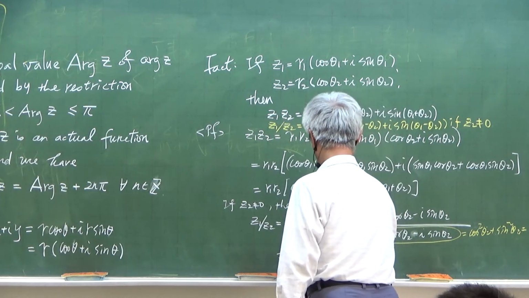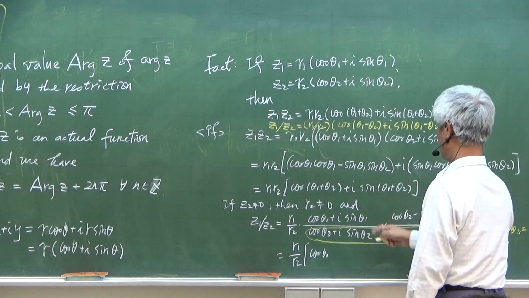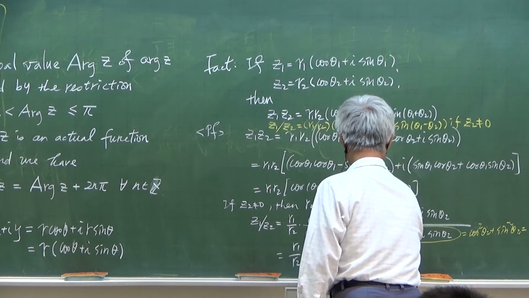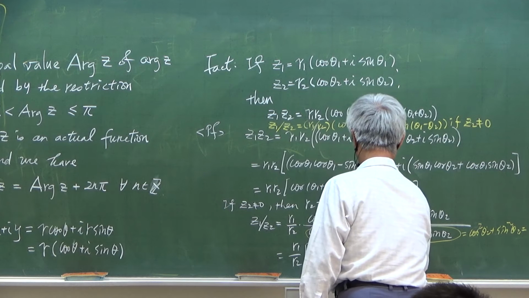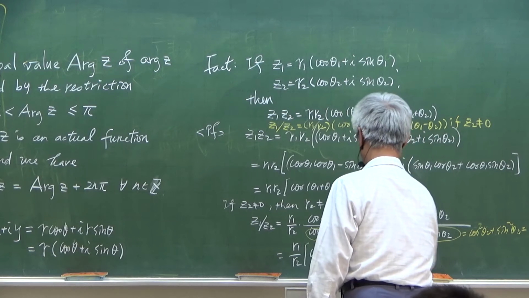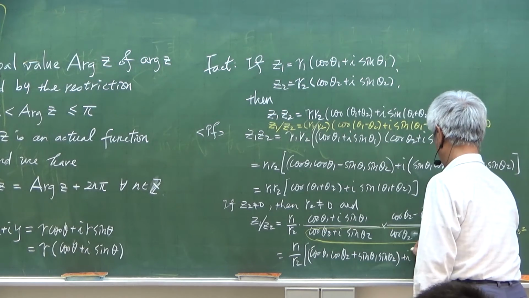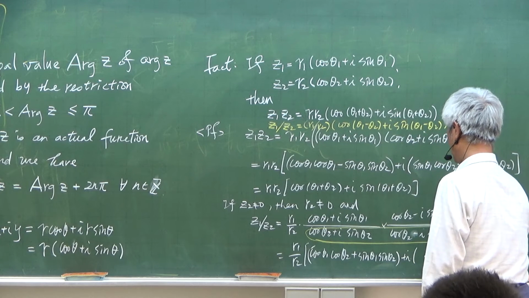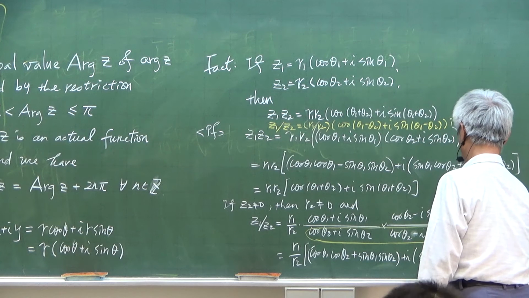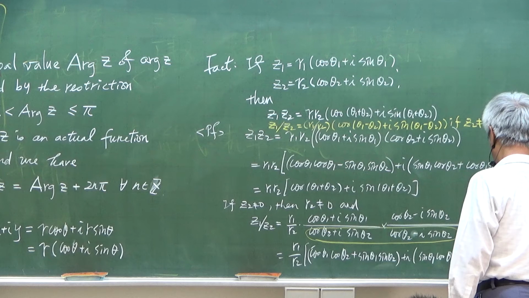And so you multiply out, and you have cosine theta 1 cosine theta 2 plus sine theta 1 sine theta 2. So here is the real part, and the imaginary part is sine theta 1 cosine theta 2 minus cosine theta 1 sine theta 2.